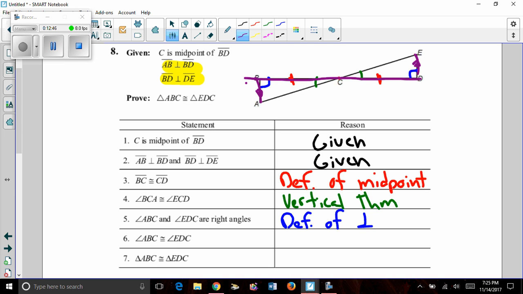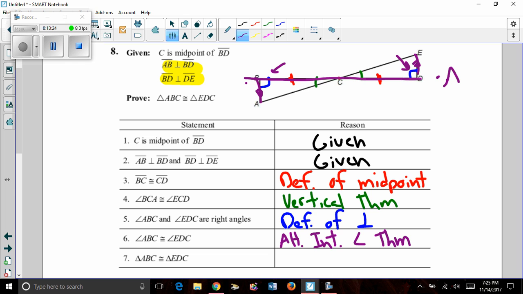And let's look. In between the two lines, we have these two angles. That means they are on the interior of our lines, making this the alternate interior angle theorem. Now, we have all our pieces. Again, we have two angles and a side.